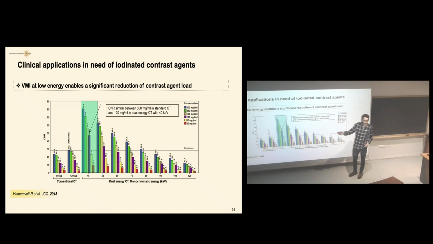That means that in terms of buying contrast agent, in terms of eco-responsibility of your contrast agent, in terms of medical health economy, you will have a huge impact with spectral CT imaging.